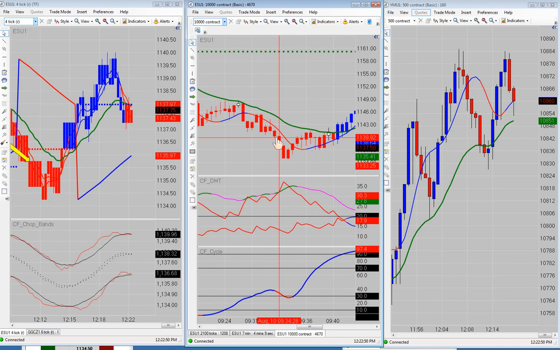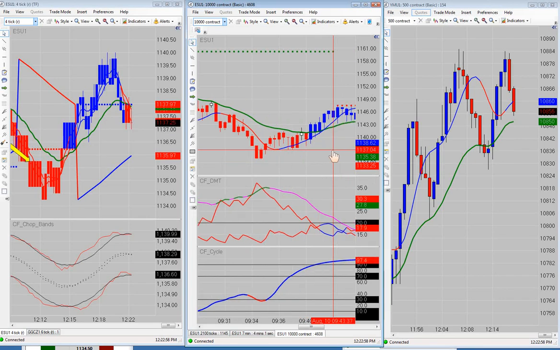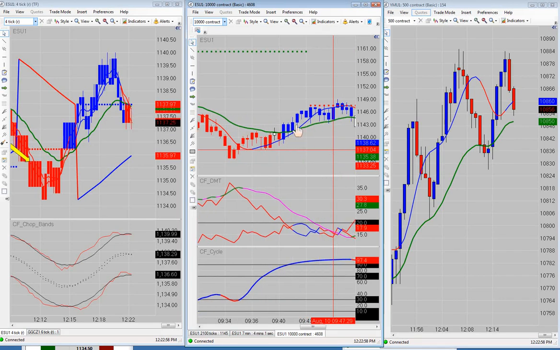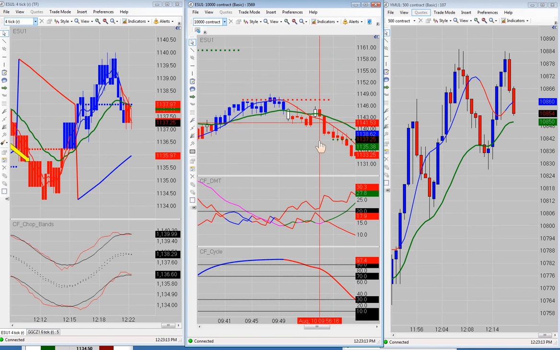Okay, and this was the congested area this morning at the open. It pulled up here to the BBC and then went right back down to the zone right here. And then it was sort of stuck in there. Then it worked its way up above, and we made some money in this period. But it worked its way up above, and then it pulled back down to right here, and then it was stuck in between this support and the BBC.